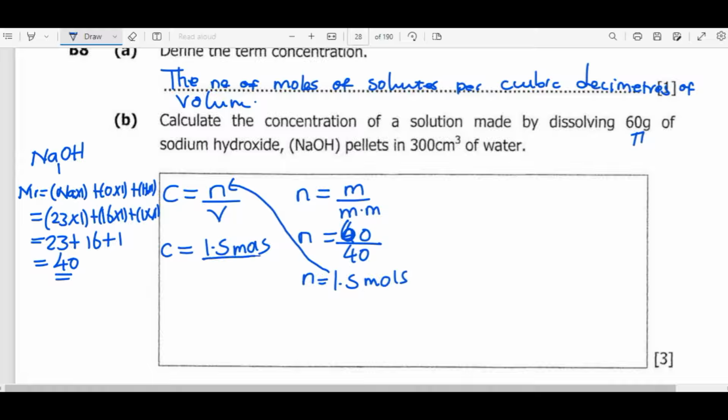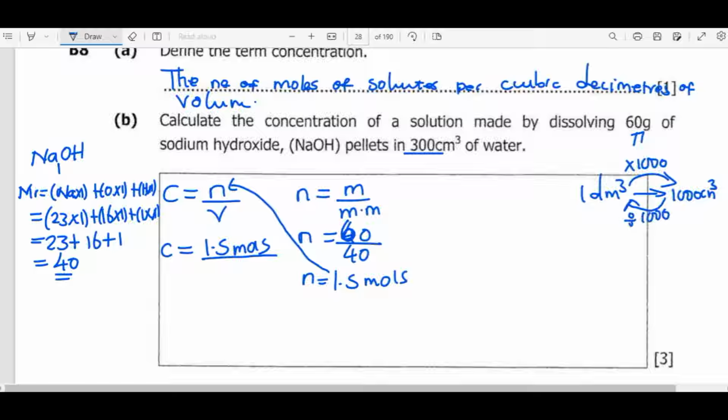moles over, now volume. Remember, the volume should be in decimeter cubed, and we know 1 decimeter cubed is equal to 1000 centimeters cubed. So to convert from decimeter to centimeter, you multiply by 1000, then the reverse, you divide by 1000.